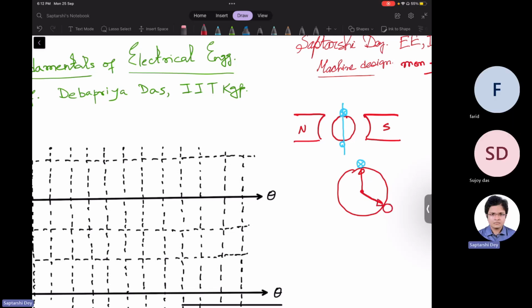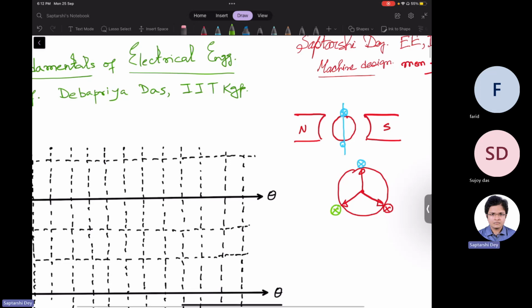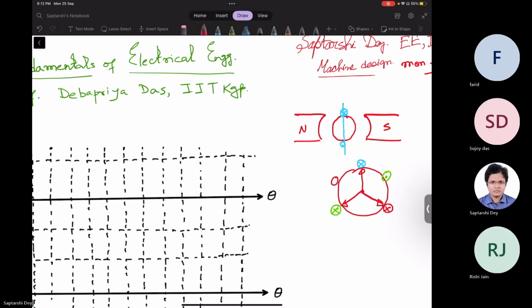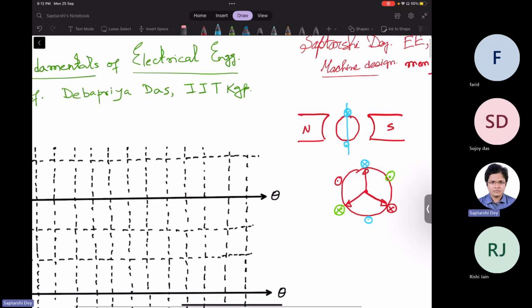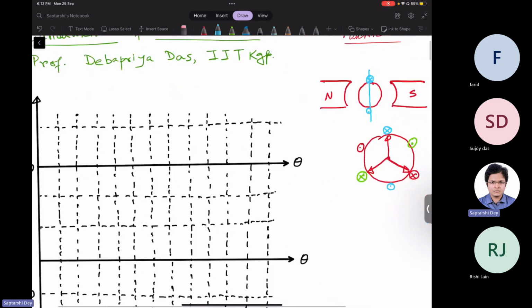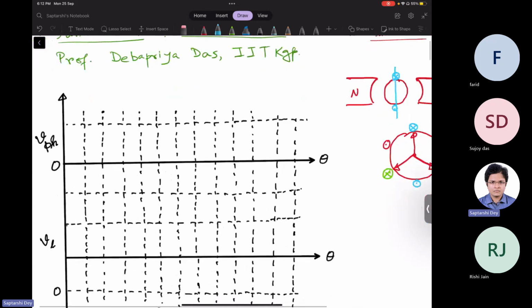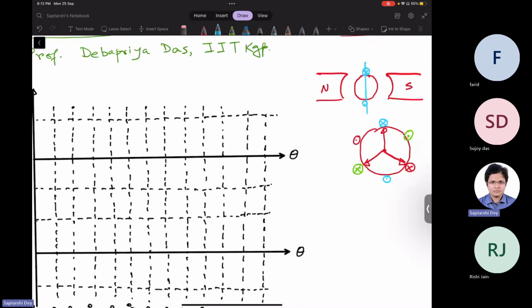That is, the other one will be here, and the third one will be here. Like this. And the corresponding dots will be in the opposite direction. That is why the voltage that is generated, not power, voltage, is 180-degree phase shifted.